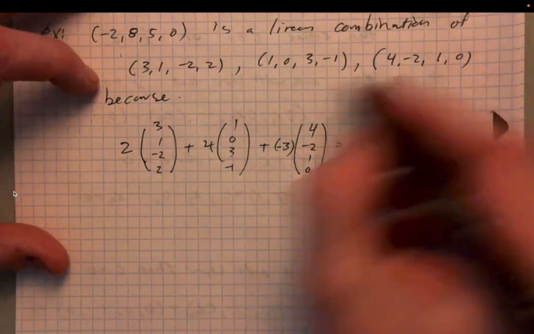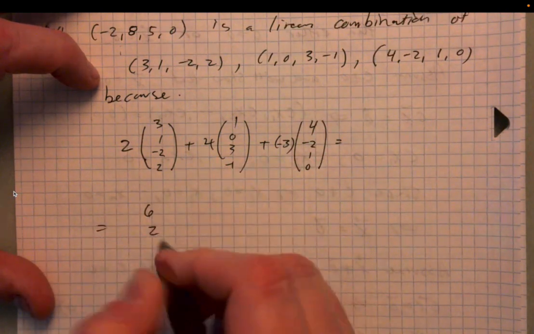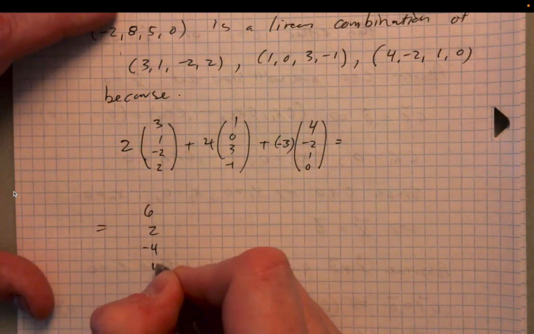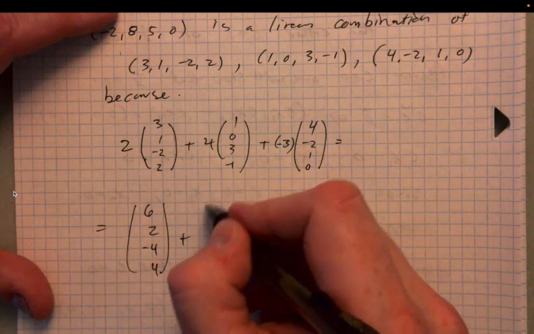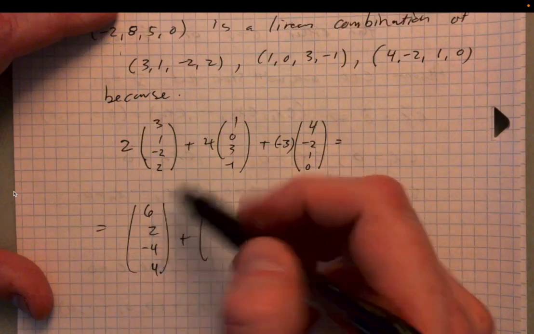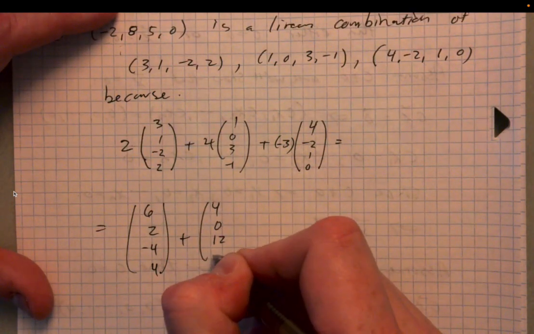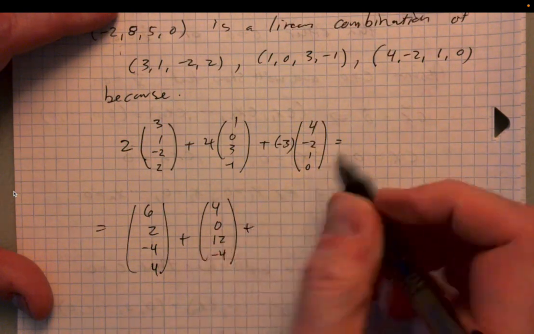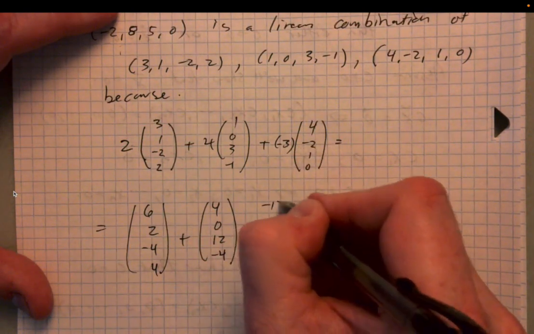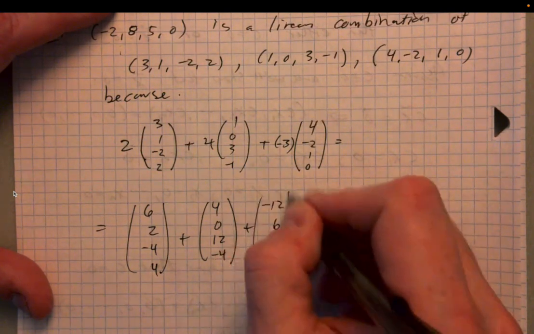Let's add these all up. Multiplying the scalars through, 2 times 3 is 6, 2 times 1 is 2, etc. So I get (6, 2, -4, 4), plus (4, 0, 12, -4), and then (-12, 6, -3, 0).